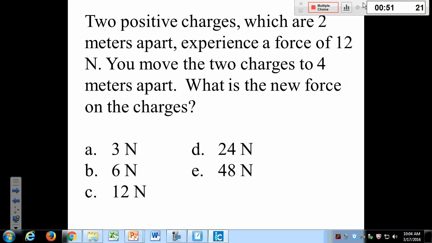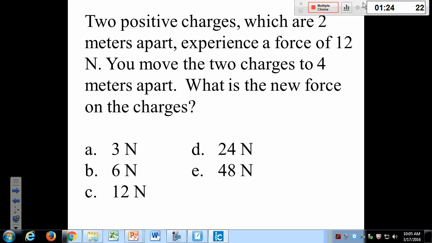I'm moving them closer, or am I moving them farther apart? I'm moving them farther apart. So first of all, I just want to ask myself the question, is this force going to increase or is it going to decrease? It's going to decrease. As I move these charges farther apart, they will feel a lesser force. So it was feeling 12 newtons. So now it's not going to feel a bigger force, and also not the same force. So it can't be C, D, or E, okay?